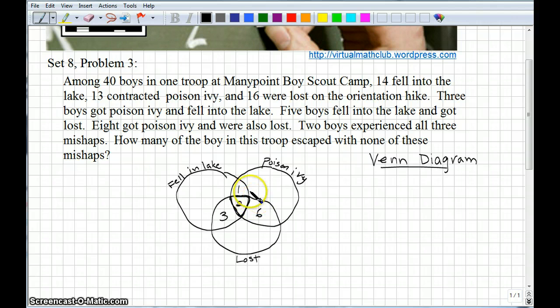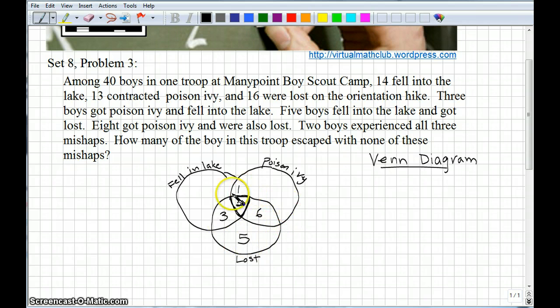Now, let's keep working backwards. We know that 16 boys total were lost on the orientation hike. We've already got 6 plus 2 plus 3, which is 11 boys. So we need 5 more out here to make 16.